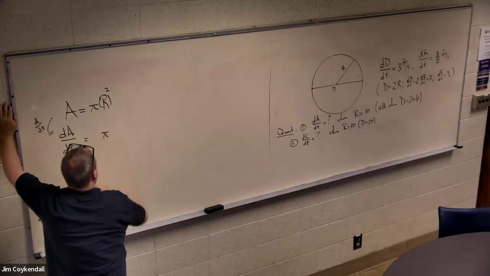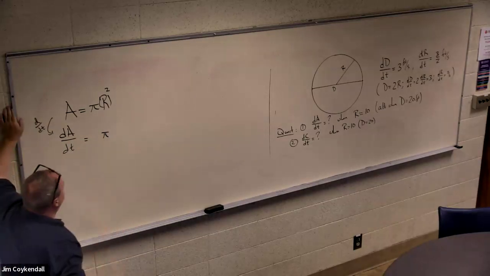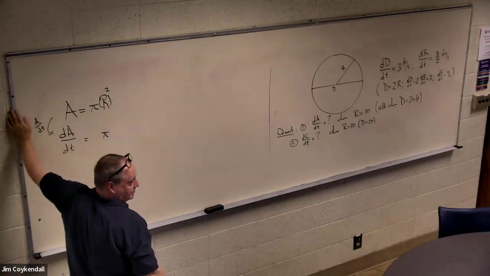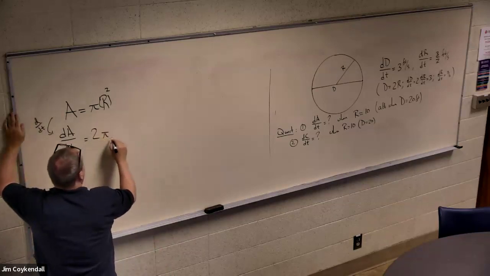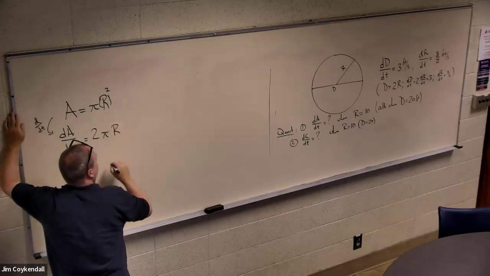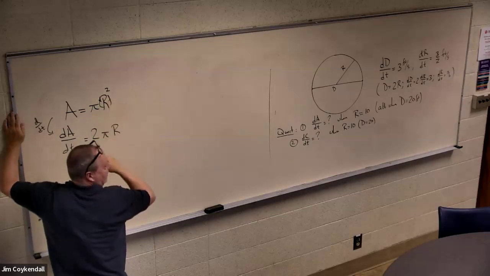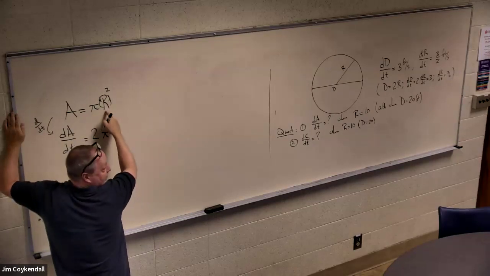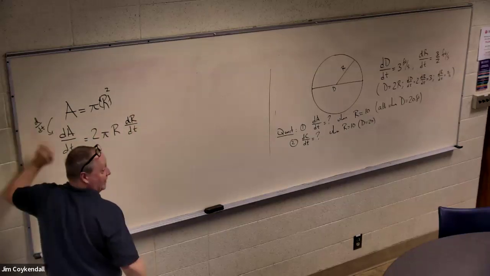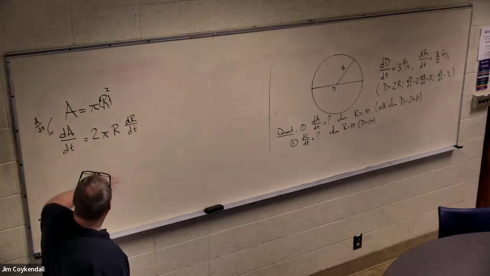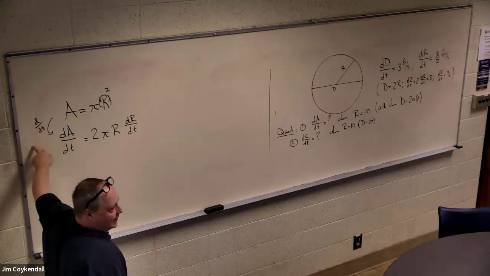The pi's there along for the ride. What's the derivative of r squared? It's 2r to the first power, but I'm not done. I've got to multiply by the derivative of r. Don't forget that step. Remember, I'm taking the derivative with respect to time.